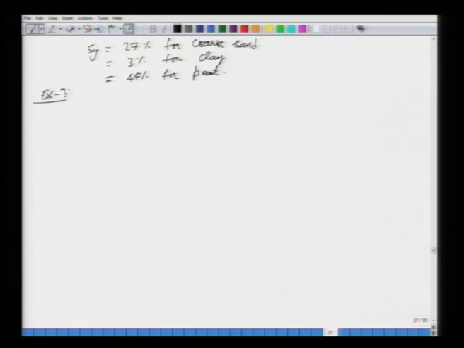Okay, third example in this chapter, in which we will look at this specific yield, how it can be useful in computing certain important things.